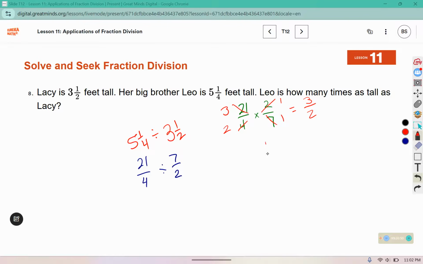So it would take 1 and 1/2 times Lacey's height to reach Leo's height.